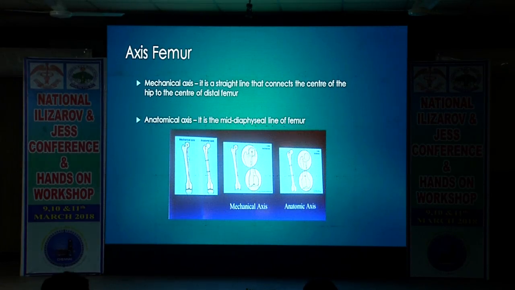Sorry, I don't think the laser pointer works well here. The one in the middle is the mechanical axis of the femur, and the one on the very right is the actual anatomical axis of the femur, which is just along the shaft of the femur.